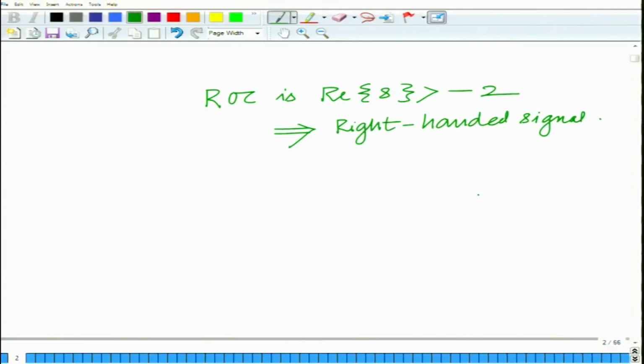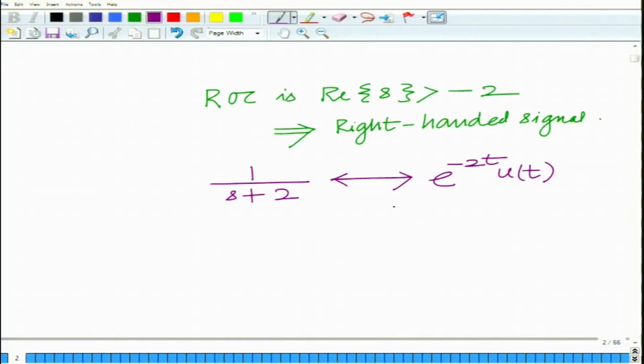This implies it is a right handed signal, and therefore, you can see 1 over s + 2 has the inverse Laplace transform e raised to minus 2t u(t). Okay. So, this is the inverse Laplace transform of 1 over s + 2.